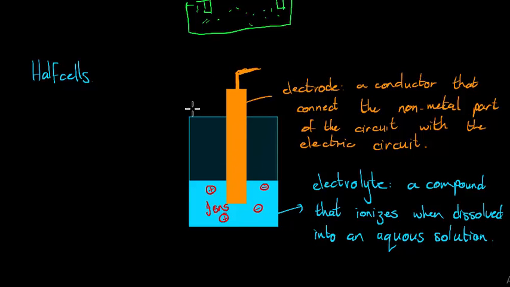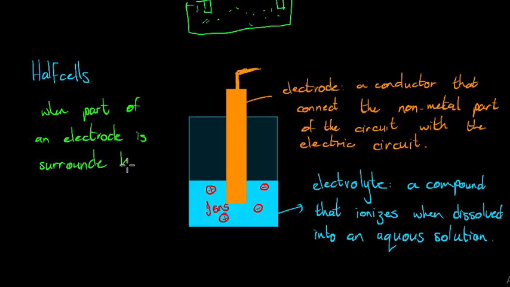So this is what we call a half cell. A half cell is when part of an electrode is surrounded by electrolyte.